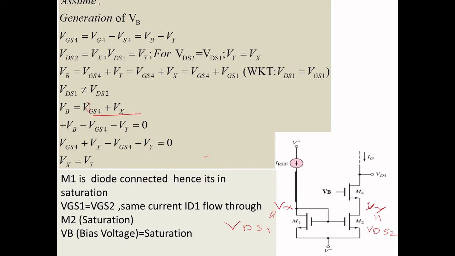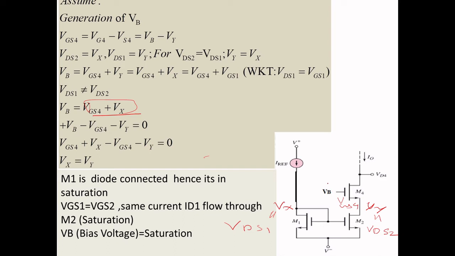How did I get this? We want to go step by step. This is your M4 transistor, and this is VGS4.